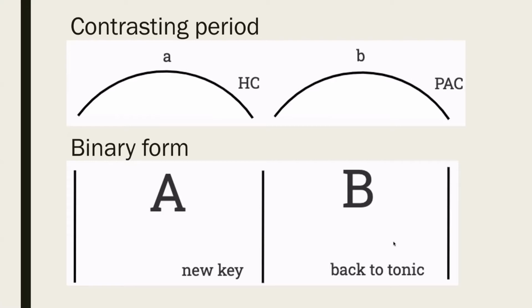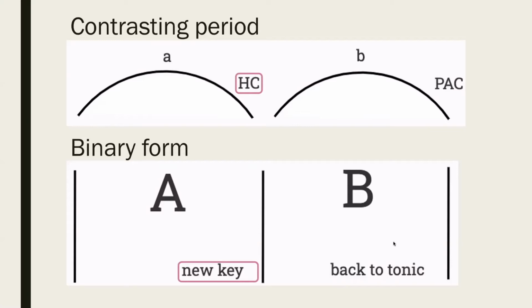I also want to point out an interesting relationship between the cadence structure of a contrasting period and the key structure, modulation structure of binary form. Check it out. Contrasting periods end with an open cadence, a half cadence. Well, the half cadence in a contrasting period is equivalent to modulating to a new key by the point of bisection of a binary form.